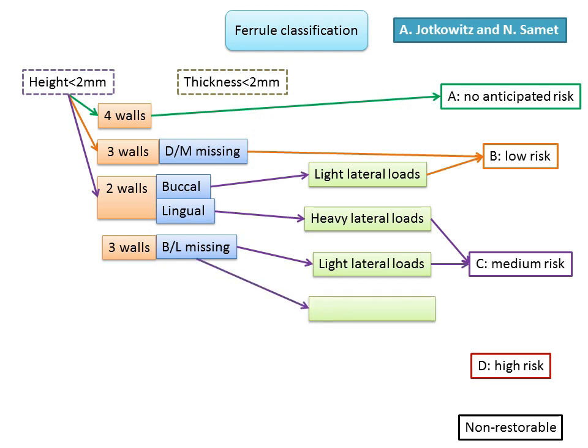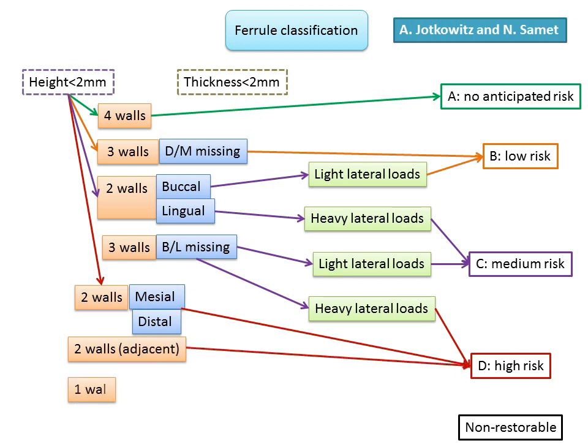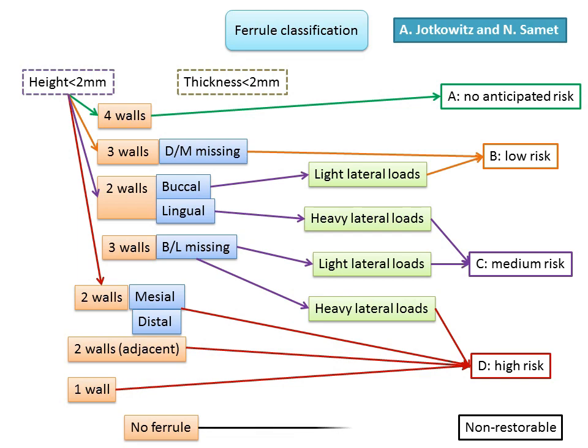Category D, high risk: a compromised buccal or lingual wall on a tooth that undergoes heavy lateral loads, or a compromised buccal and lingual wall on any tooth, or a tooth that has only 2 adjacent walls or only a single wall remaining. Such teeth present high risk for structural or mechanical failure, and alternate treatment modalities should be considered and may be more appropriate. And the last category is category X, where no ferrule can be established, such that the tooth is non-restorable.